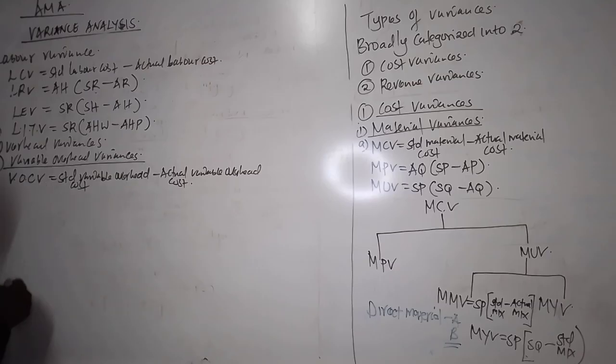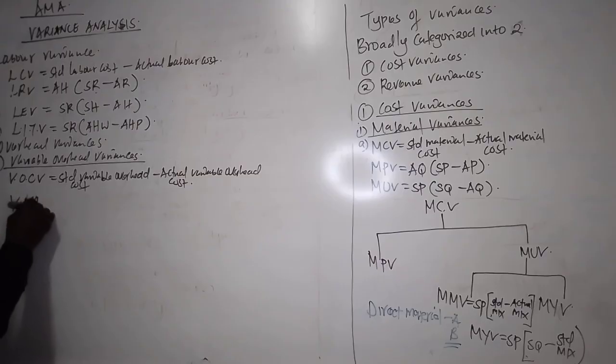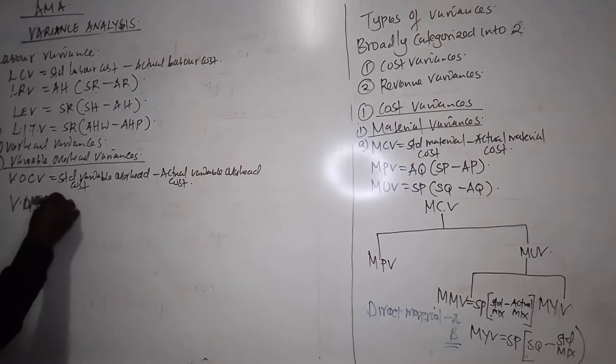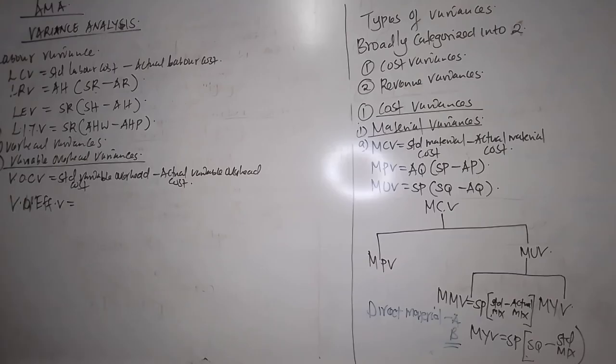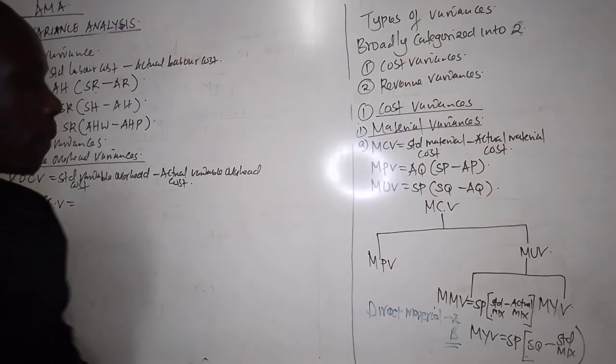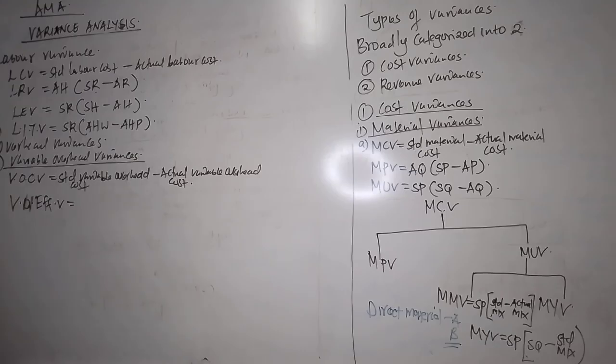Then from there, the next question you will ask yourself is how do we get another variable overhead variance, the variable overhead efficiency variance. To compute it, number one, you need to remember how to compute the overhead absorption rate.